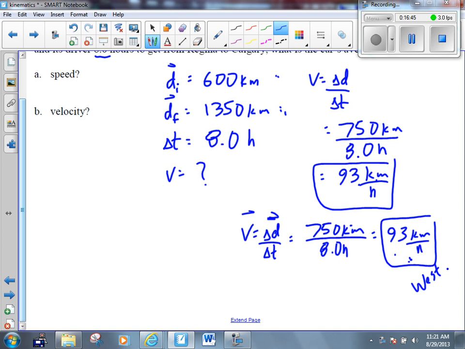Because we don't change direction here, because it's all this way, the distance is the same as the displacement. And therefore, the speed will be the same value as the velocity. Had I gone this way and then turned around and went back this way, then my distance would be different than displacement, and speed would be different than velocity. That kind of makes sense?